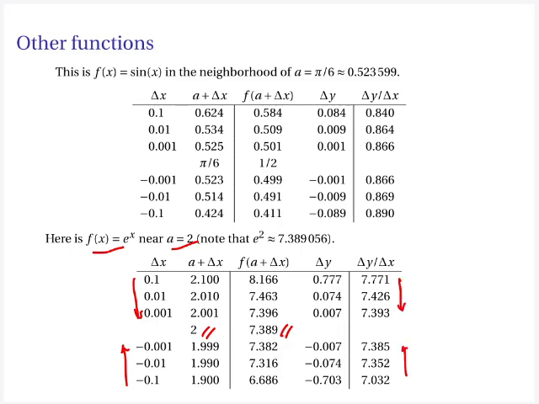I think a person would say that something like 7.390 or 7.389 or something in there. Okay, so we're finding that as the delta x's approach 0, for this function at this anchor point, the delta y over delta x's approach some value.